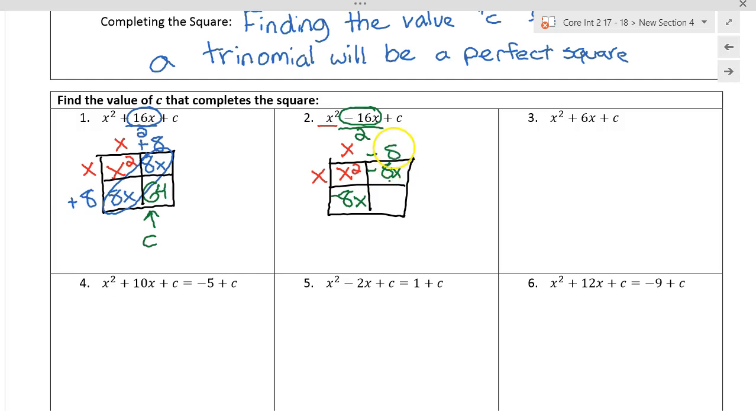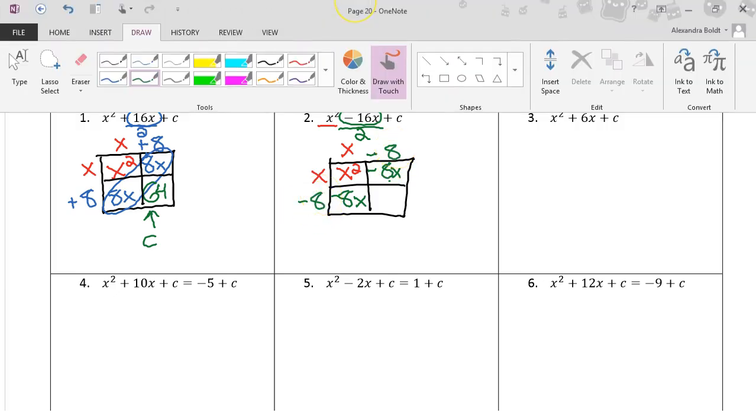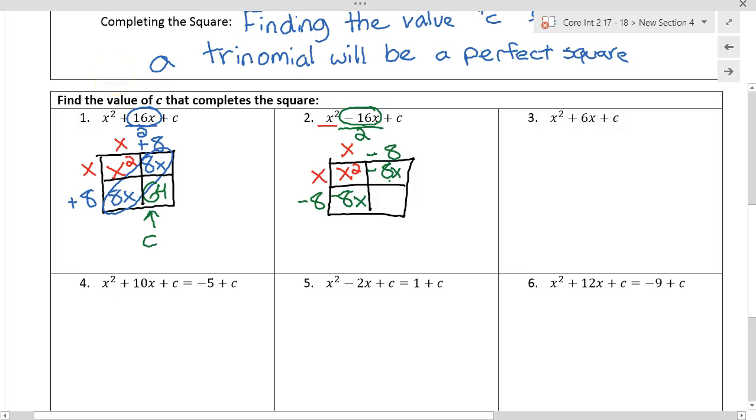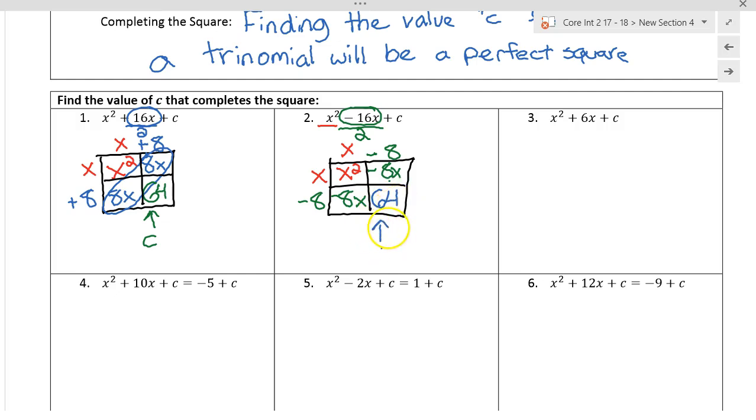Then x times negative 8 will give me negative 8x, and x times negative 8 will give me negative 8x. Negative 8 times negative 8, a negative times a negative, is a positive 64. That is my c value. These two are the same, even though there were negatives, but you still need to have the negatives in there.